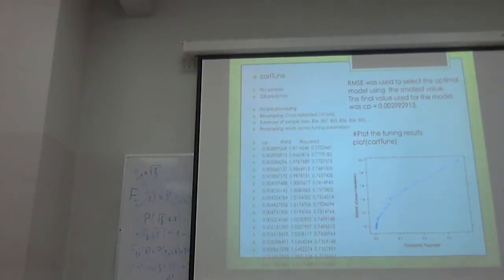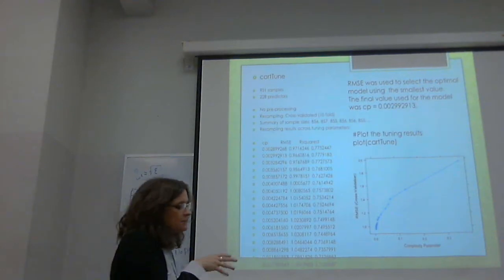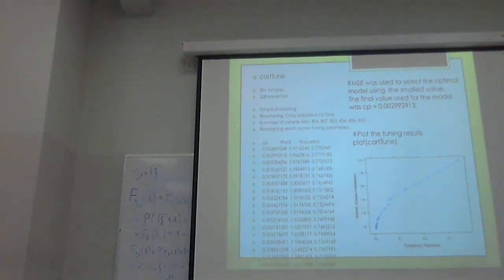Yes. Remember the complexity parameter when we finalize the form of the sum of the squared errors. This is an internal algorithm: the sum of the squared errors plus the complexity parameter multiplied by the maximum tree depth.